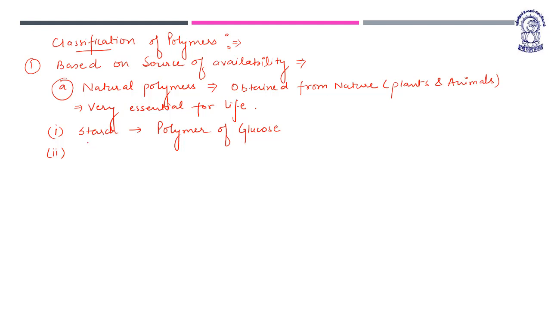It is a food reserve of animals. Cellulose is also a polymer of glucose. The difference is between the stereochemistry of these types of glucose, the alpha glucose and the beta D glucose.